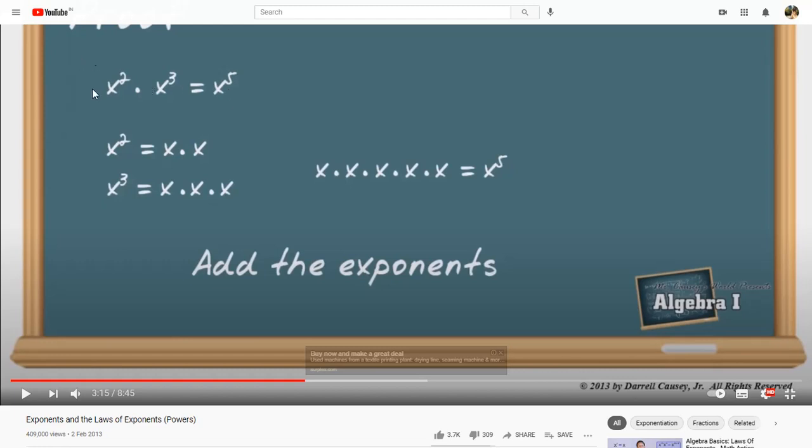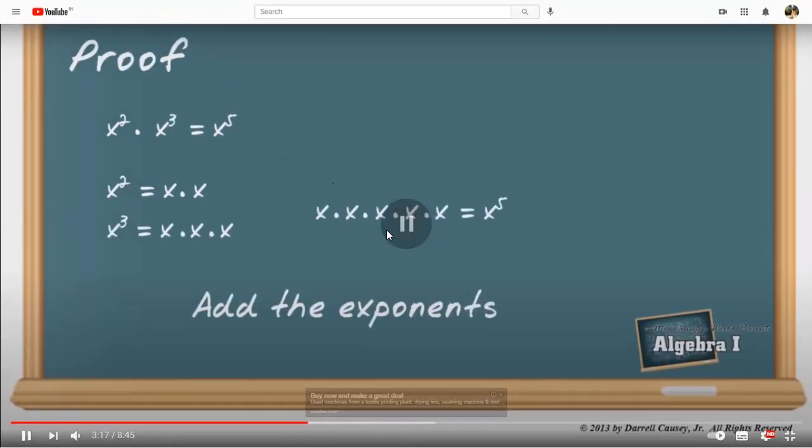That means if you take m as 2 and n as 3, it is p by q to the power 2 plus 3, that is 5. So this is the first law.